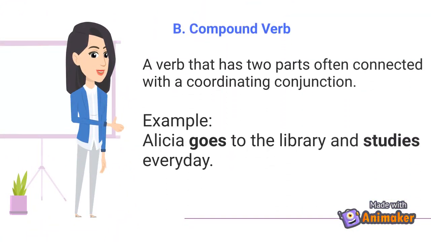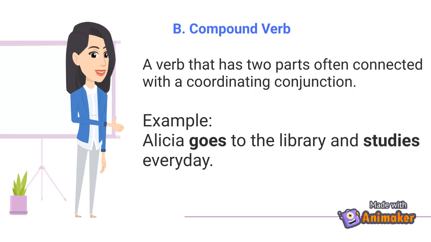The second structure is compound verb. A verb that has 2 parts often connected with a coordinating conjunction. For example, we have Alicia goes to the library and studies every day.